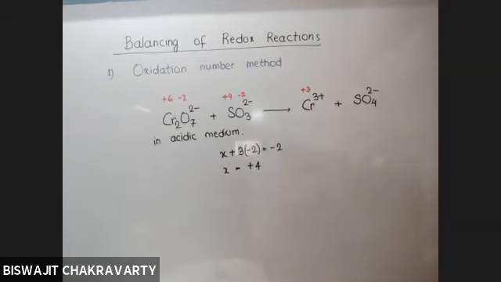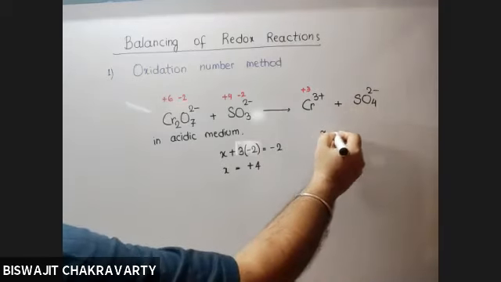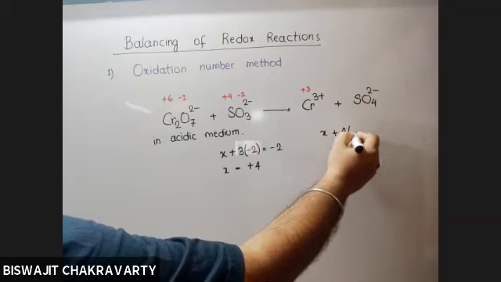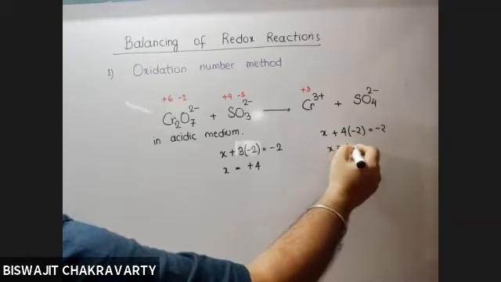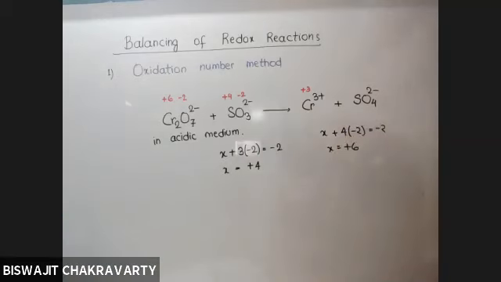And in the same way, calculate the oxidation number of sulfur in the sulfate ion. +6. Yes, sir.